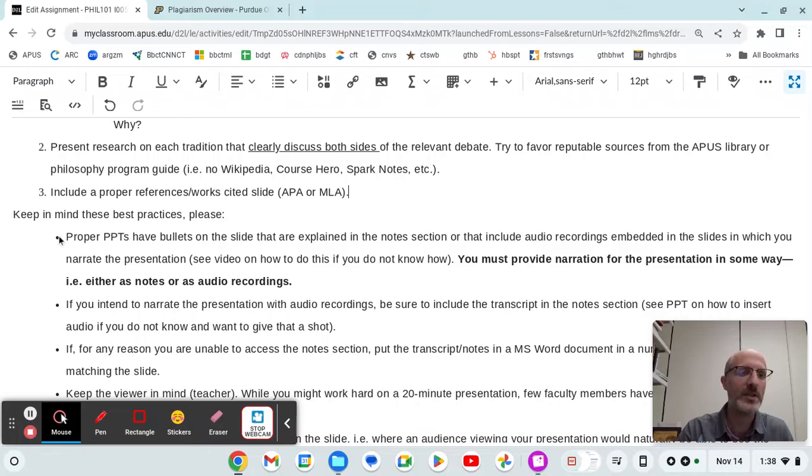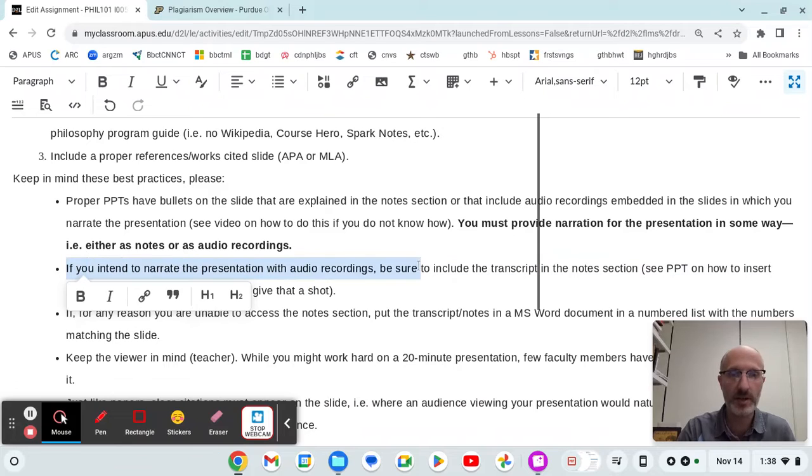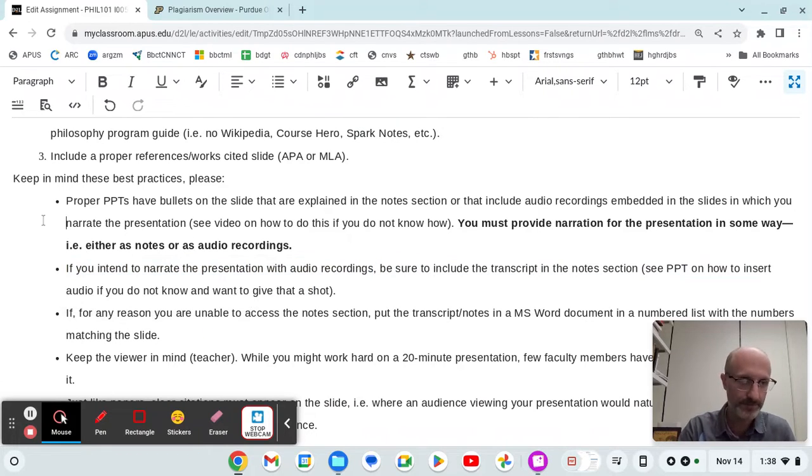Okay, best practices. PowerPoints have bullets on the slide that are explained in the notes section. So don't have huge chunks of text, huge paragraphs in the body of the slide. Have short bullet points, and then put your explanations in the notes section. You can narrate your presentation, adding an audio recording to the slide.